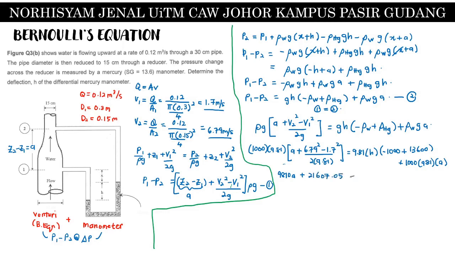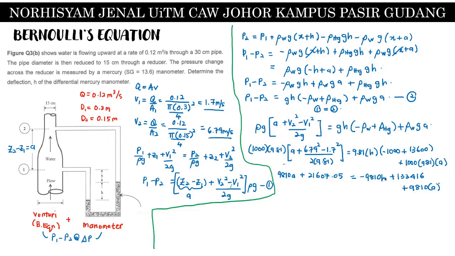21,607.05 equals to, here we have negative 9810 and then h here, okay, and then we add 9.81 times 13,600, which is 133,416, and then we add 9810a here.